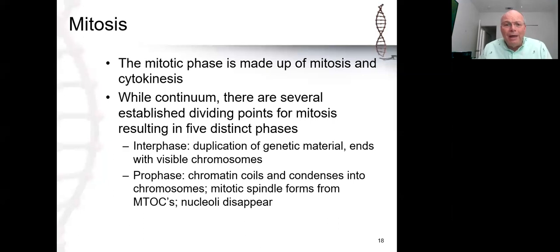And you can confirm that because you won't see the chromosomes. They're going to be in their chromatin form during interphase. So you're simply not going to see them. We know that the DNA is being duplicated during that time, specifically during S, but you're not going to see the process taking place because it's all done while the DNA is in its chromatin form.